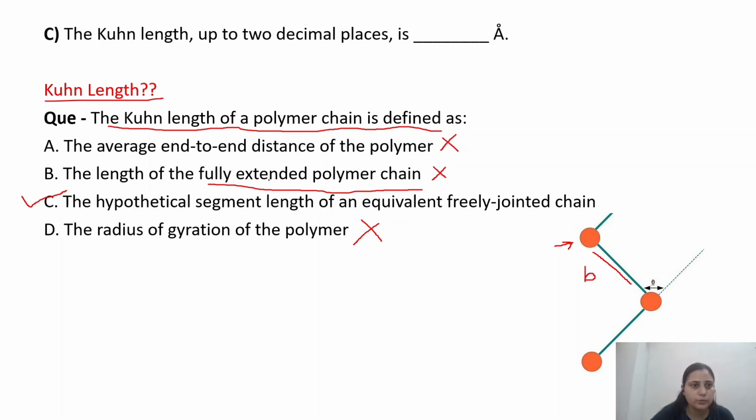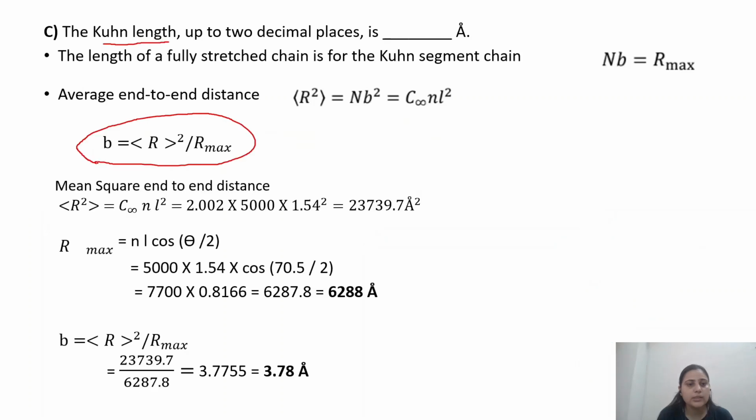Then let's move to section C, which we were discussing before, that is calculating the cone length in the previous question. Cone length is nothing but the B value, and the formula is B equals mean square end-to-end distance divided by R max.